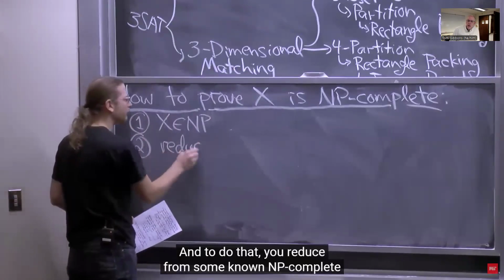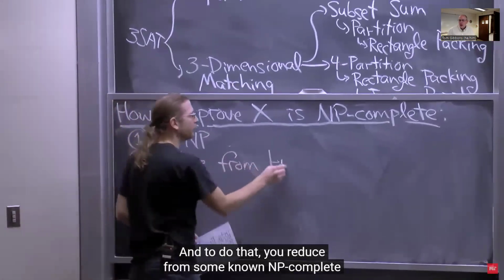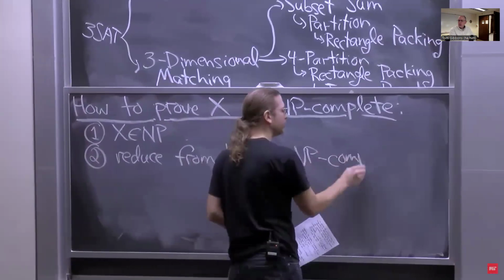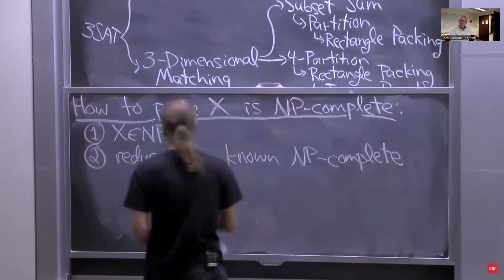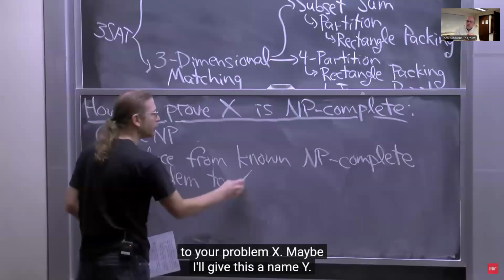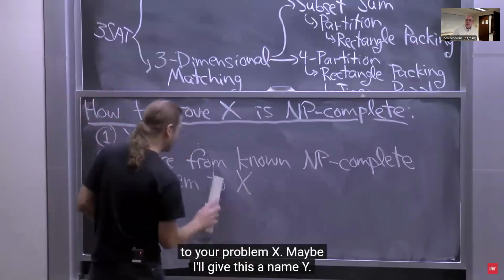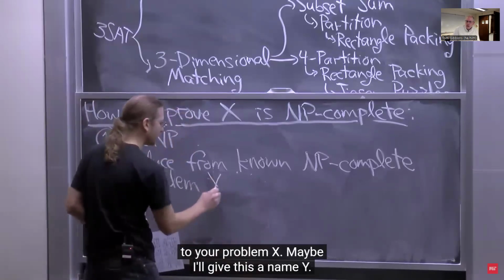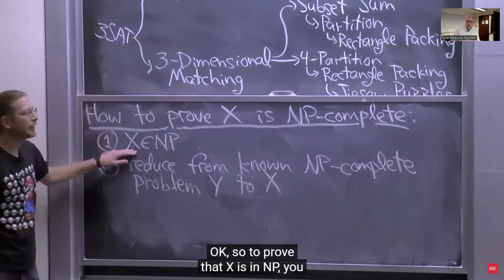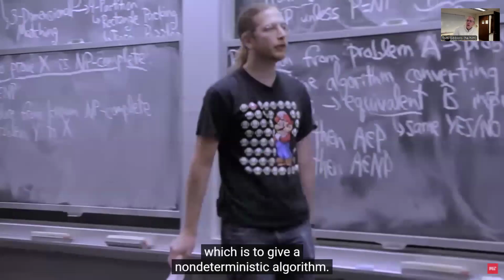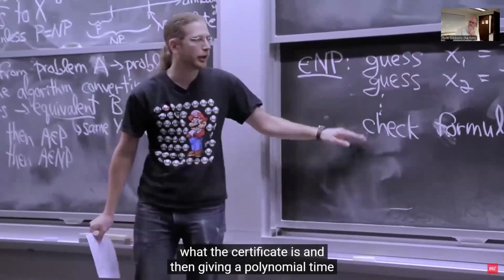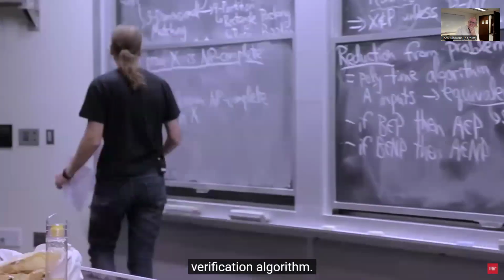And to do that, you reduce from some known NP-complete problem. To prove X is in NP, you do something like what we did over here, which is to give a non-deterministic polynomial algorithm, or you could think of it as defining what the certificate is and then giving a polynomial verification algorithm.